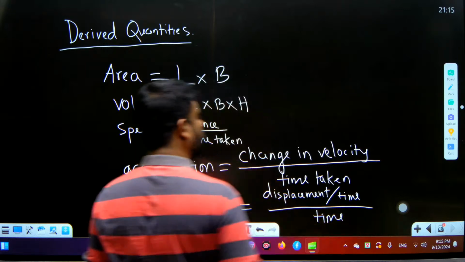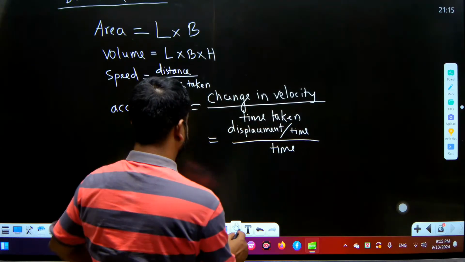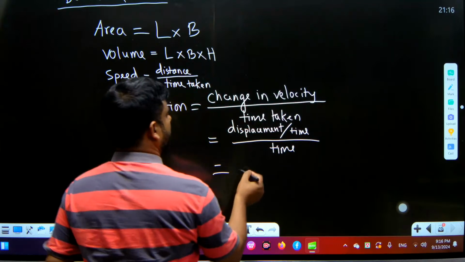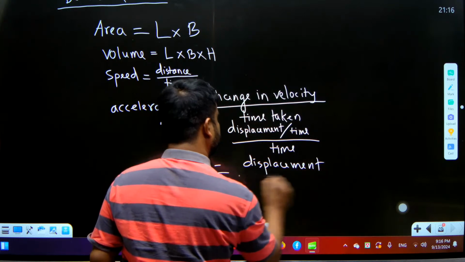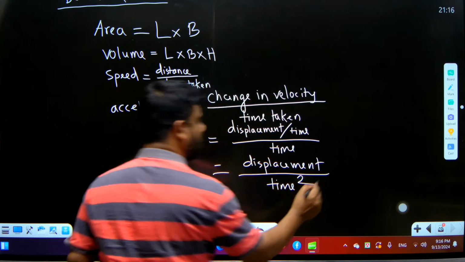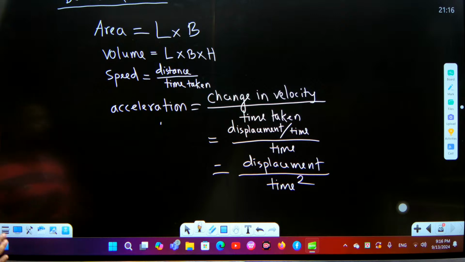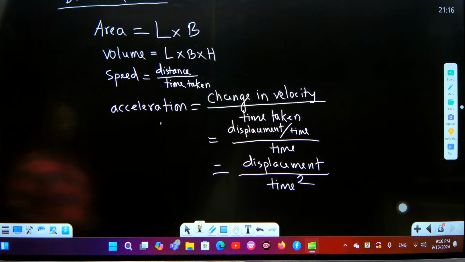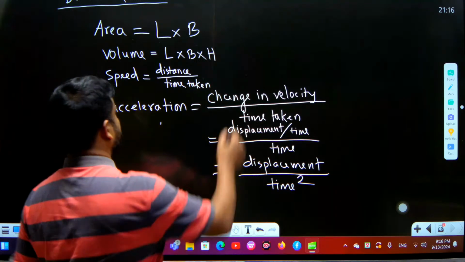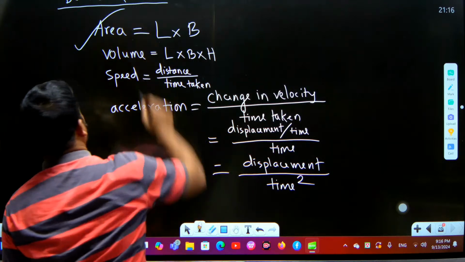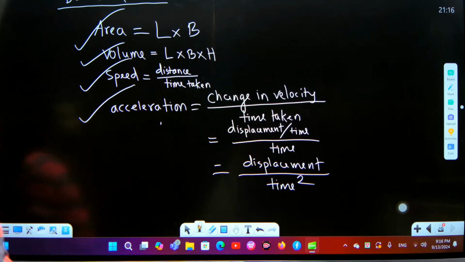So we can write displacement divided by time squared. So acceleration depends on displacement and time. That's why acceleration is a derived quantity. So area, volume, speed, acceleration, all are derived quantities.